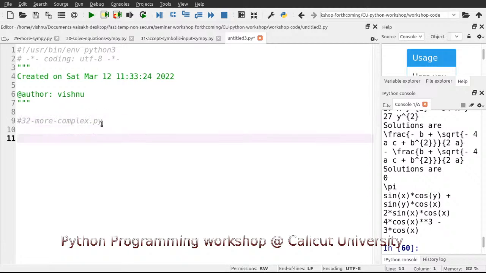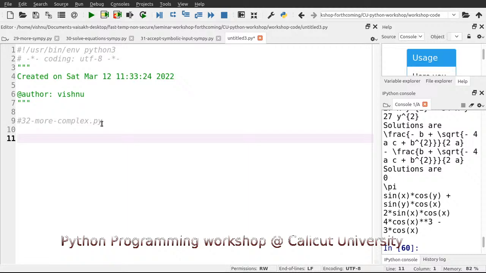Okay, recall that the complex number previously we defined using the format a plus bj. In the usual Python programming, the complex number can be defined only using the symbol j. But when you are using symbolic Python, the outputs are coming as I. So if you're using symbolic Python, maybe you can even use I. Okay, we'll try to see that.